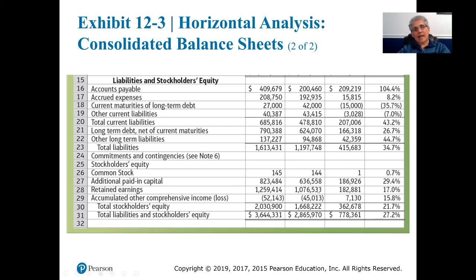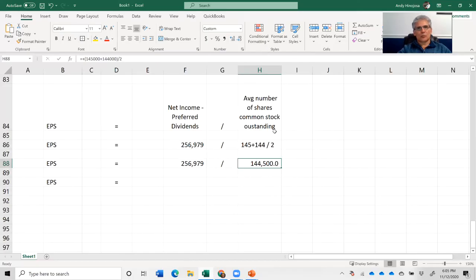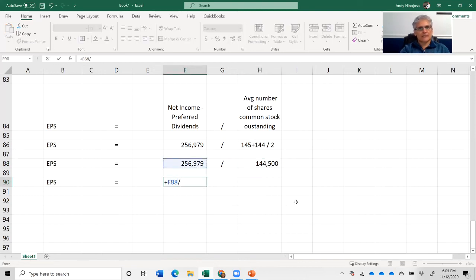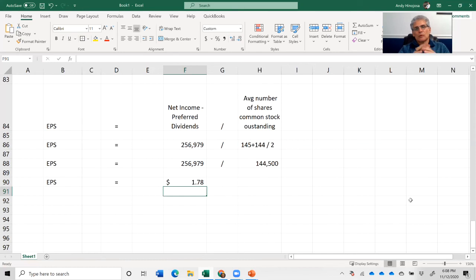And since we're looking at average, we would take this plus this and divide it by 2. So 145,000 plus 144,000, divided by 2, gives us 144,500. So we'll take this, divide it by that, and we'll end up with $1.78. So this company is generating $1.78 of earnings for every share that's outstanding.